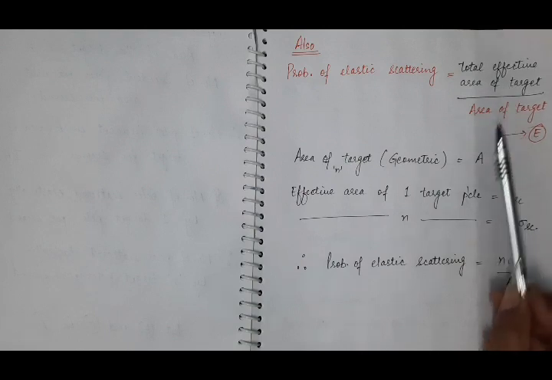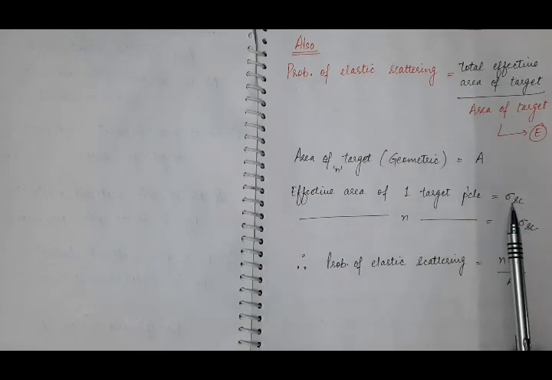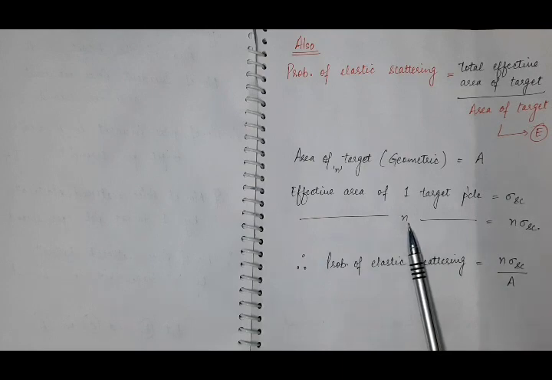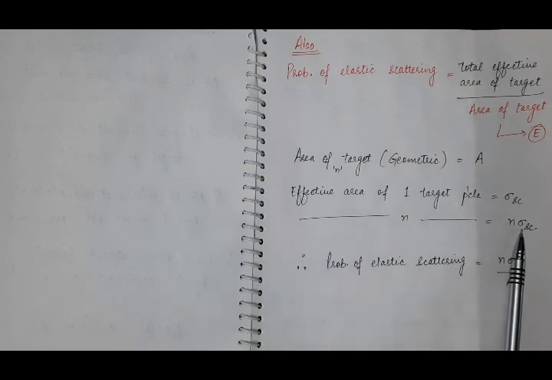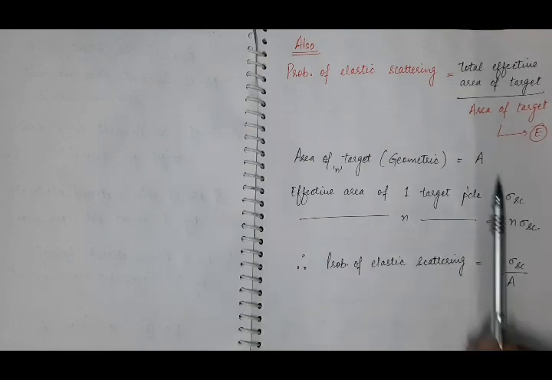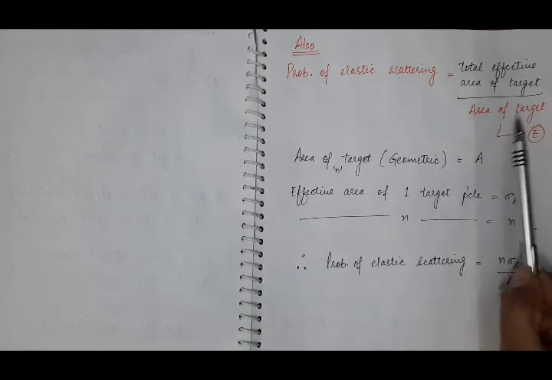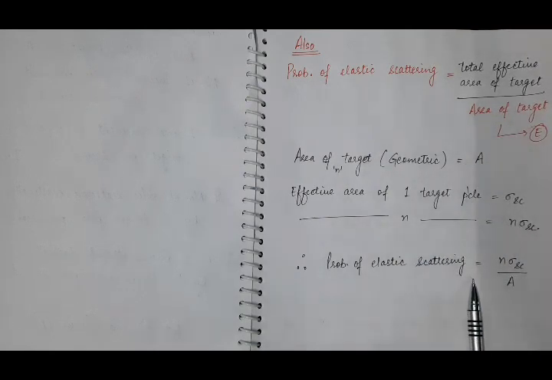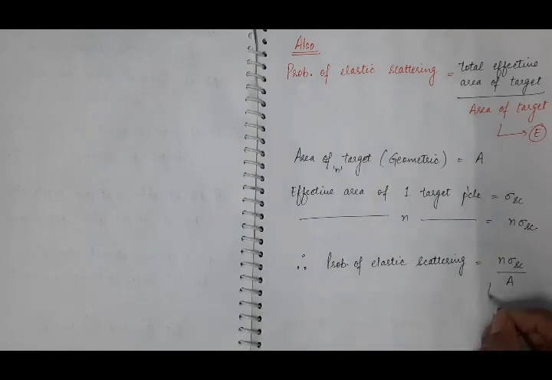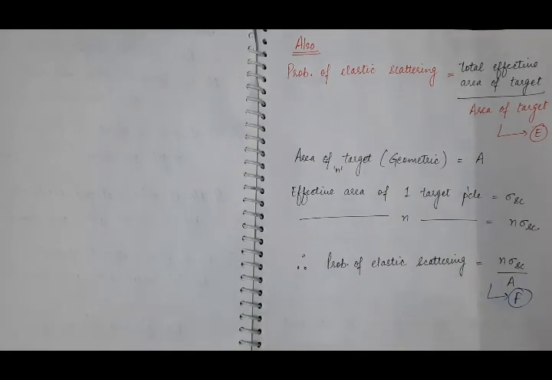We know that the effective area of one target particle is sigma. So the effective area of n target particles will be n sigma. Put both these values in equation E. So the probability of elastic scattering is equal to n sigma, the effective area, to the geometric area A. Suppose this is equation F.